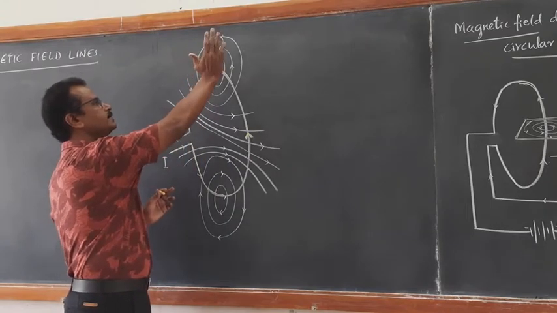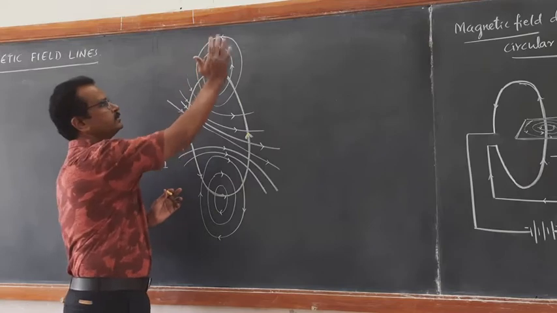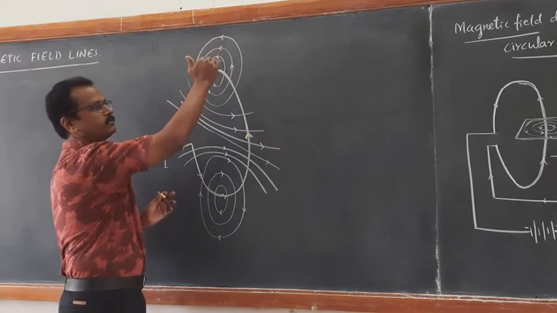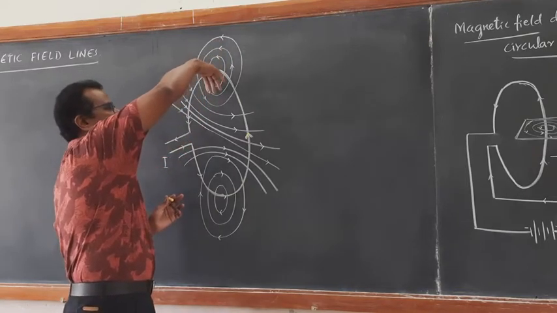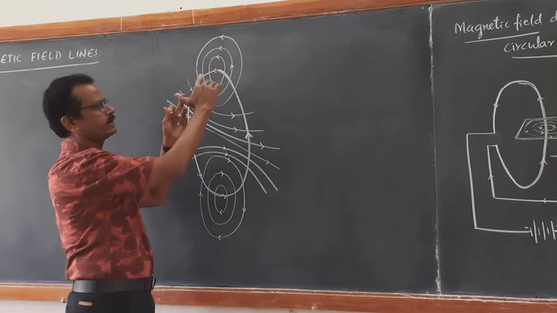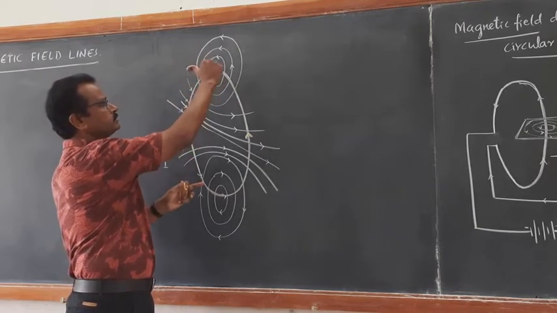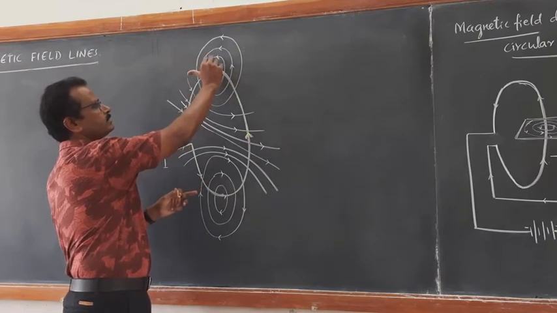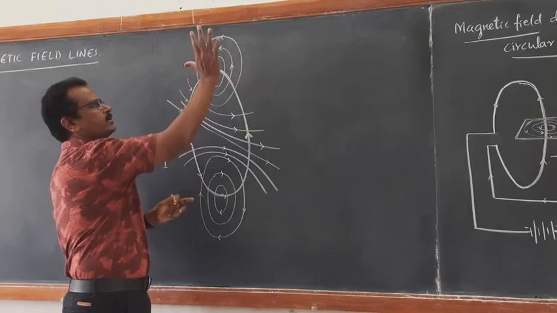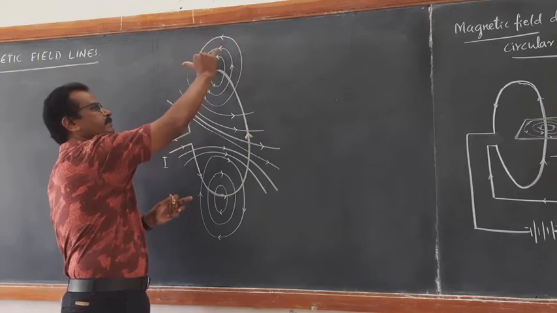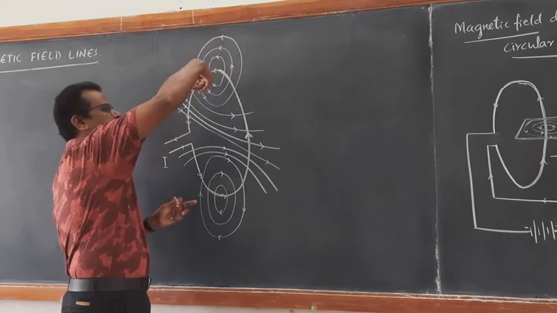See, from the top they are entering inwards, perpendicular to the plane of the board. From the bottom, they are coming out. So again, we can make use of the right hand grip rule or right hand thumb rule. So the current here is coming out like this. So with the wrapping of the fingers, they are entering the plane of the board and they are coming out of the plane of the board.